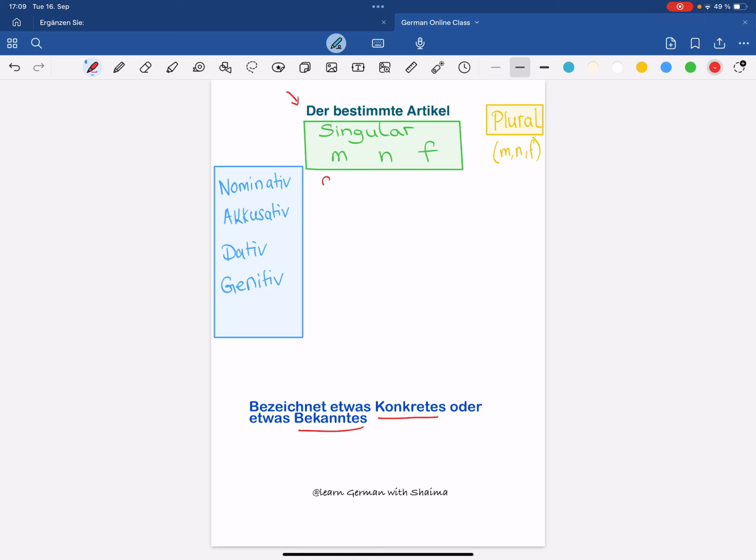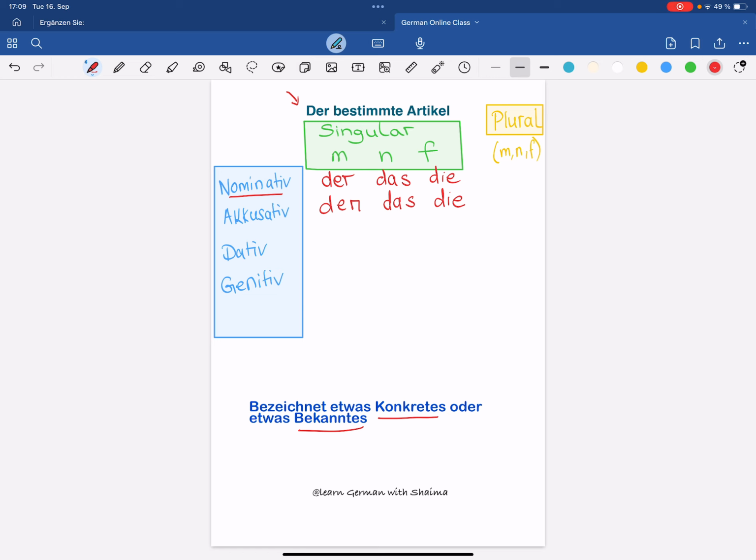In masculine, the nominative is der, neutral is das, and feminine is die. But in accusative, der turns into den. Nothing happens to neutrum, so it stays das, and the feminine die also stays the same.